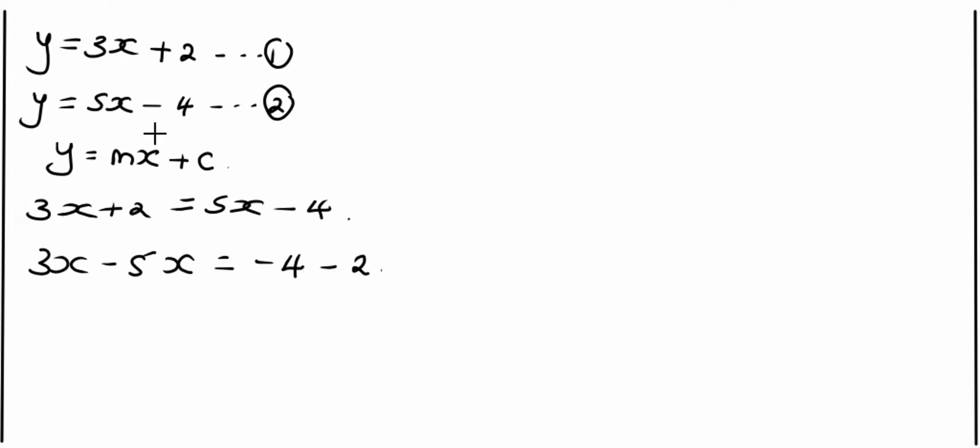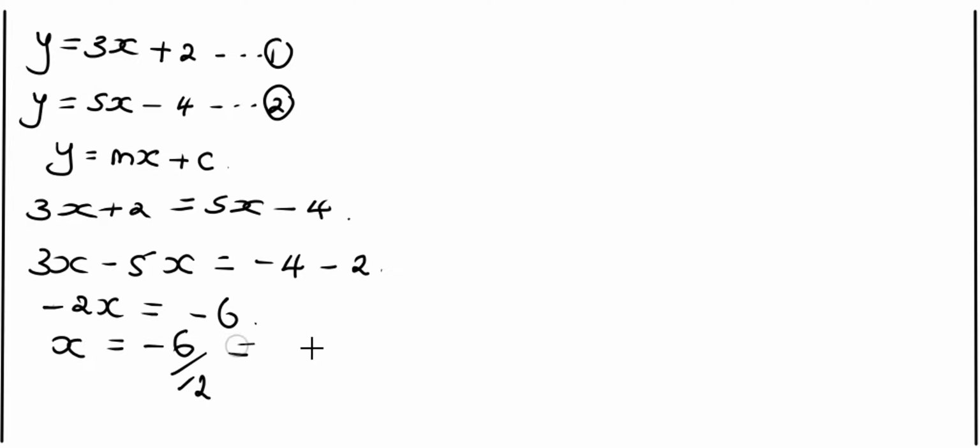And from there, 3x - 5x is -2x, equals -4 - 2, which is -6. So now x will be -6 divided by -2, which becomes positive 3.